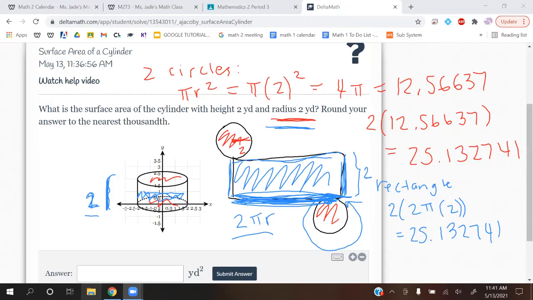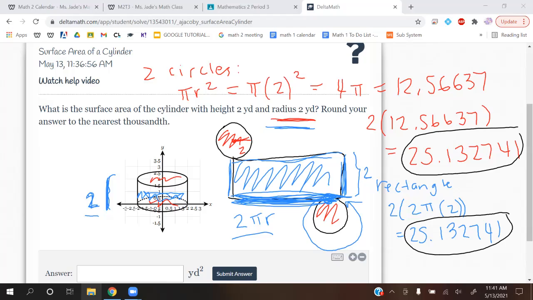Finally, we're going to add it all together. Add your two circles plus your one rectangle. I'll just write it out here. 25.1327 plus 25.1327. So we add it all together and it gives you 50.2654.